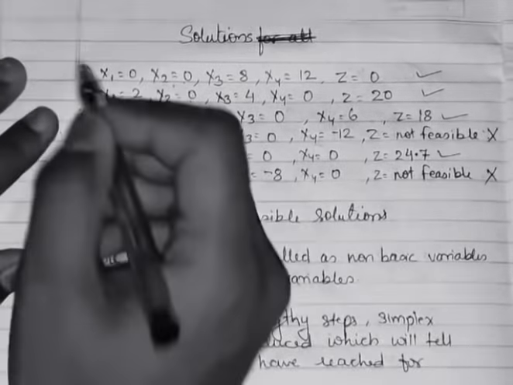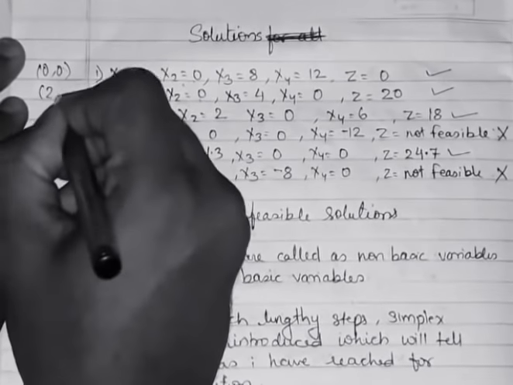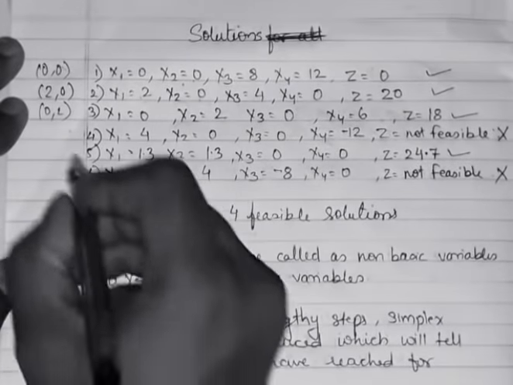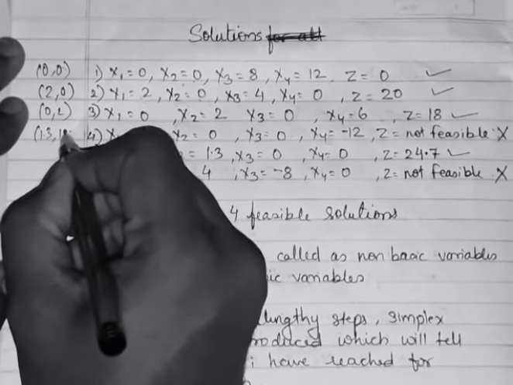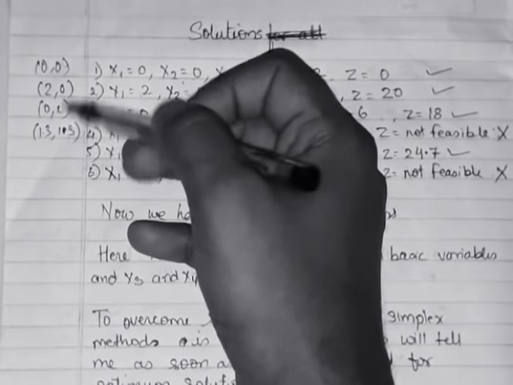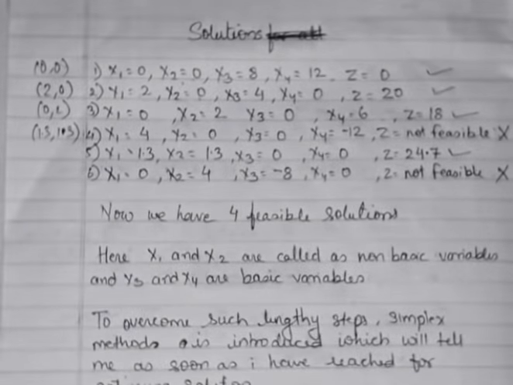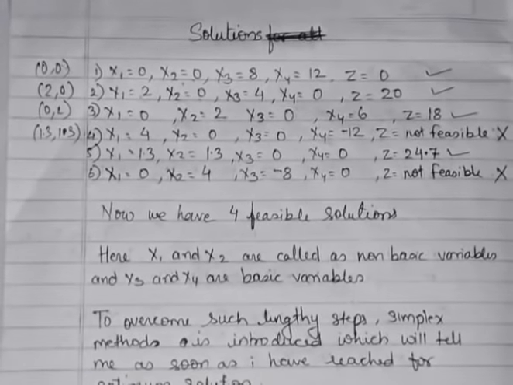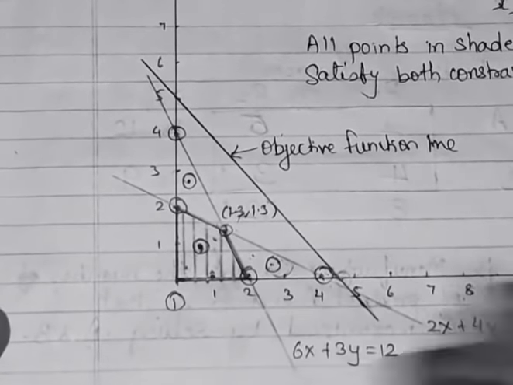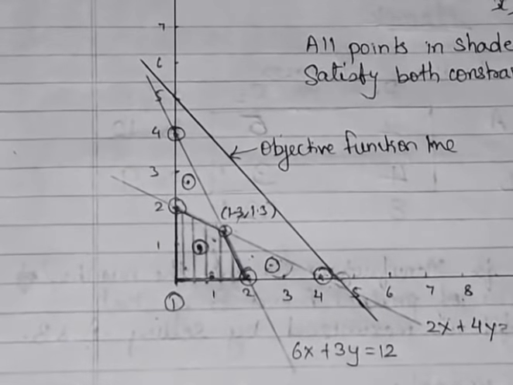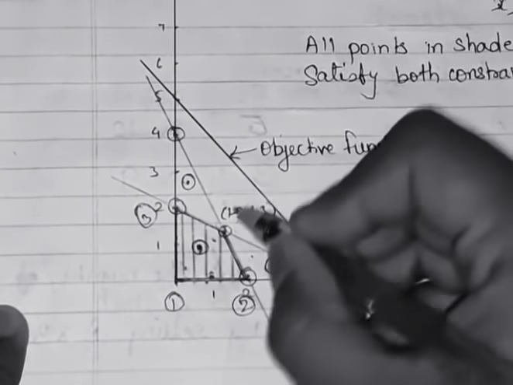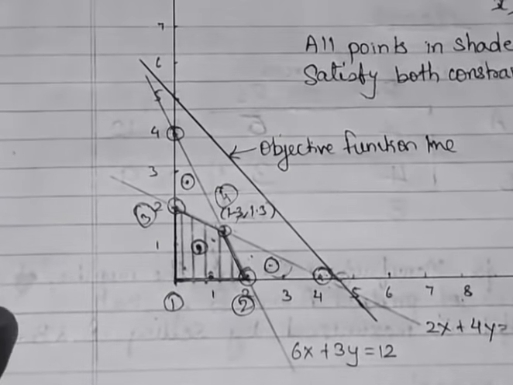So if I take the values of x and y for these 4 solutions, 0 comma 0, 2 comma 0, 0 comma 2 and 1.3 comma 1.3, right? If you see carefully, these 4 points we have seen somewhere. This is point number 1, this is point number 2, this is point number 3, and this is point number 4, right?